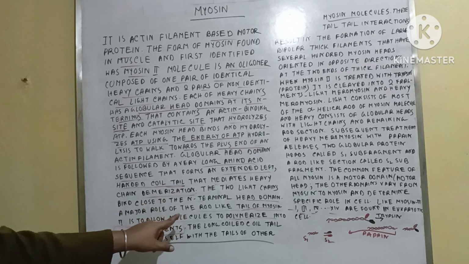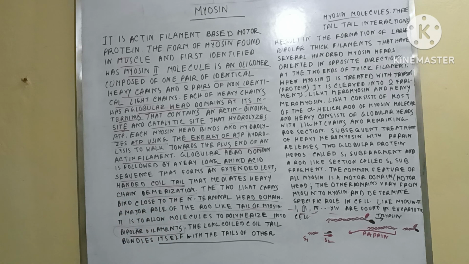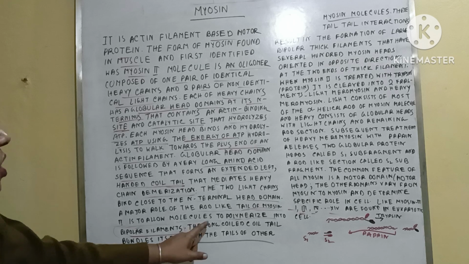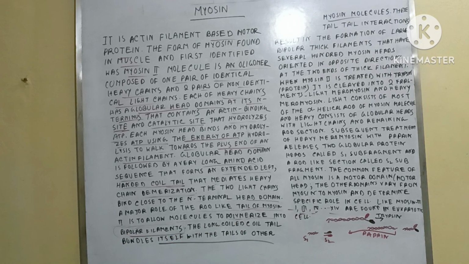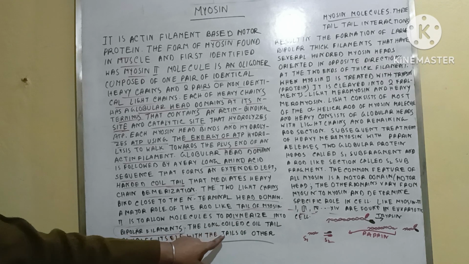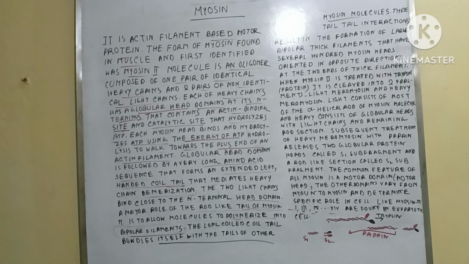And another important function is that this long coil tail bundles itself with the tail of other myosin molecules. And this tail interaction results in the formation of the large bipolar thick filament.